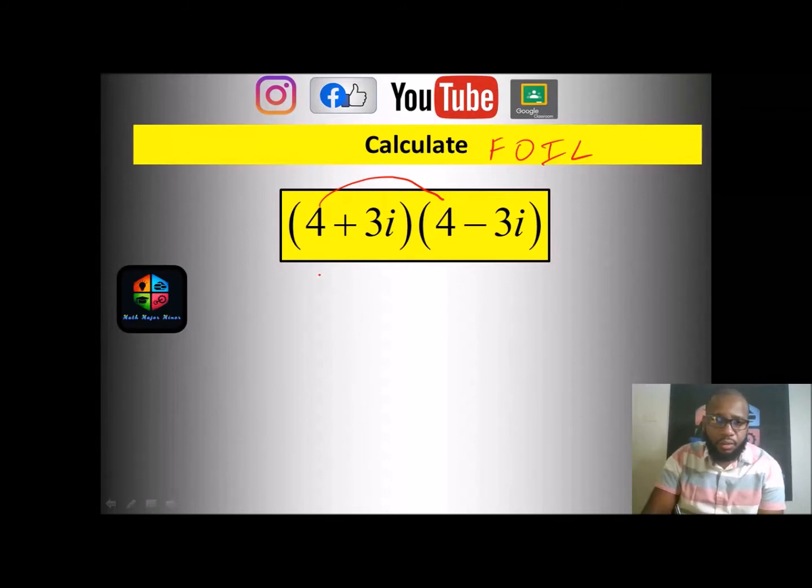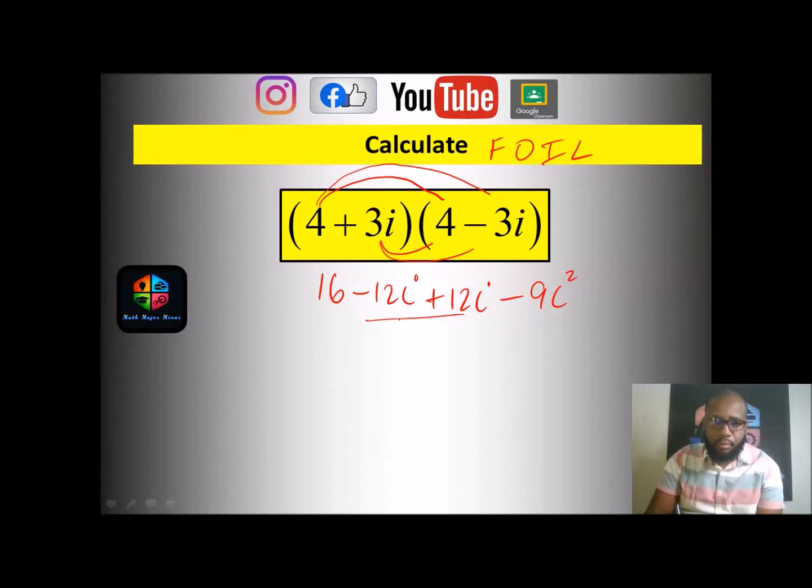So let's go with the first. 4 times 4 here, that's going to be 16. Then 4 times negative 3i, that's negative 12i. Then 3i times 4, that's going to be positive 12i. And then 3i times negative 3i, that's negative 9i squared.